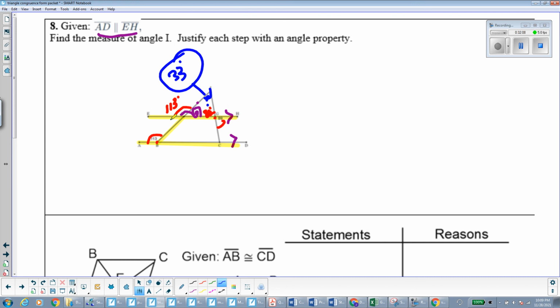You could also write down that angles that form a linear pair are supplementary or add to 180 degrees. These two angles are supplementary and right next to each other, so they definitely form a linear pair. To get this 80-degree angle over here, we use the fact that vertical angles are always congruent. And then to figure out that the final angle of this triangle was 33 degrees, we use the fact that the sum of the angles of a triangle is always 180 degrees.